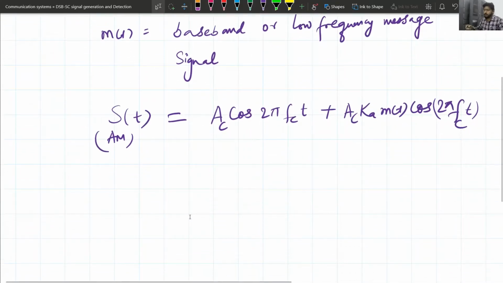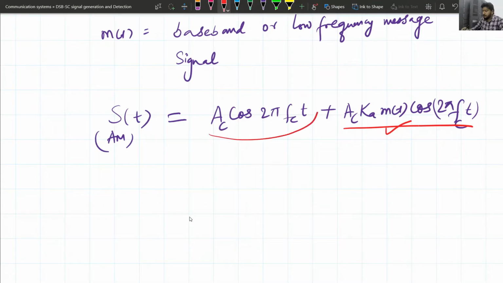Now one thing to observe here is that the message signal in the amplitude modulated wave is contained in this part of the signal. We are not interested in this other component of the signal. All we are interested in is the message signal, and the message signal is contained in this component of the modulated wave.